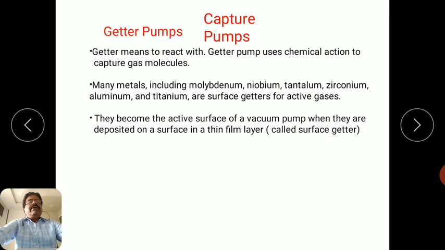So the first type we are going to discuss here is getter pumps. Getter means react with. A getter pump uses chemical action to capture the gas molecules.